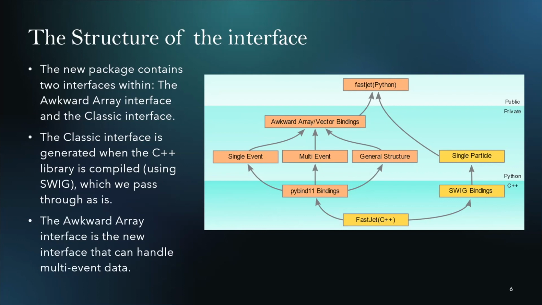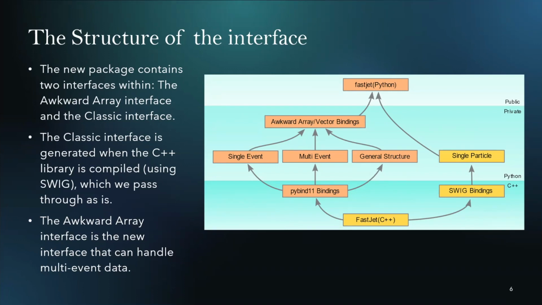The awkward array interface is a new interface that can handle the multi-event data. If you look at this diagram that I have here, all these yellow boxes that you see are provided by the fastjet authors. The core C++ fastjet is there. That's the source of all the jet finding that we do.